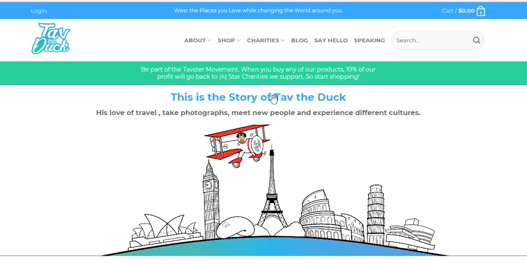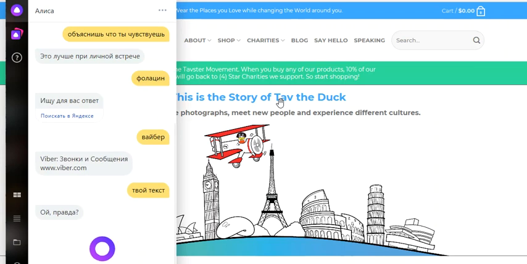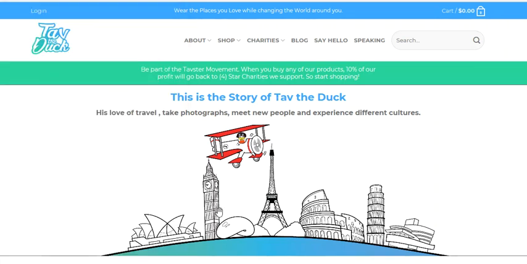So, I guess the question is, what does Tav the Duck stand for and stand against? How does Tav the Duck look to change the world? And related to that, how can I, as a visitor with similar and relevant values, connect with that, right?